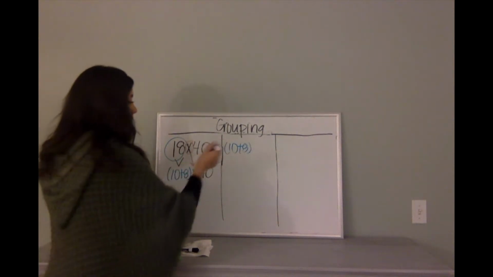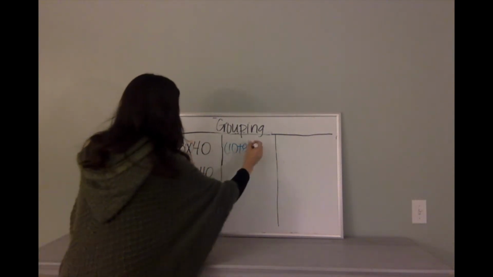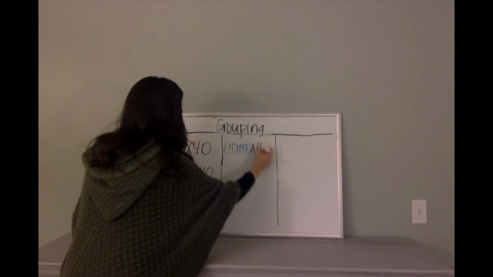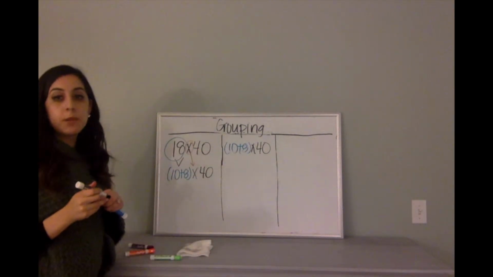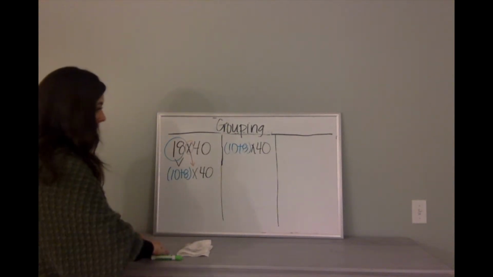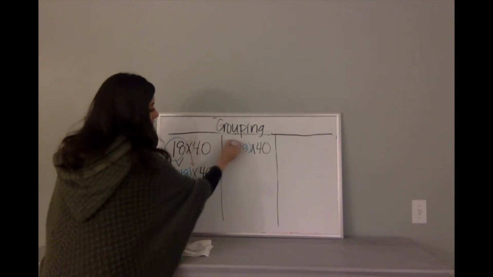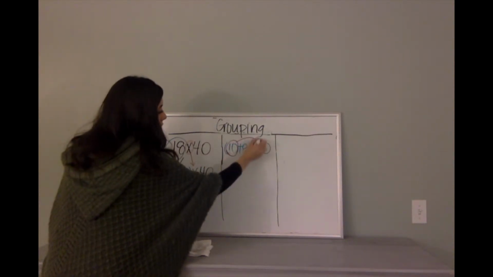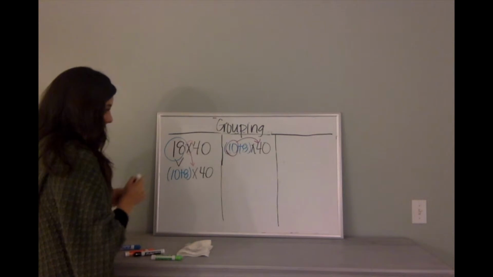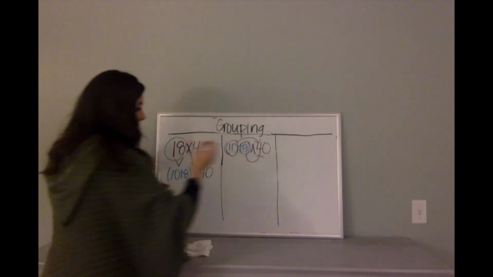So 10 plus 8 times 40. Now we want to use the distributive property to solve this problem. I'm going to use arrows to help you visualize it. So 10 times 40, and then we want to do 8 times 40.